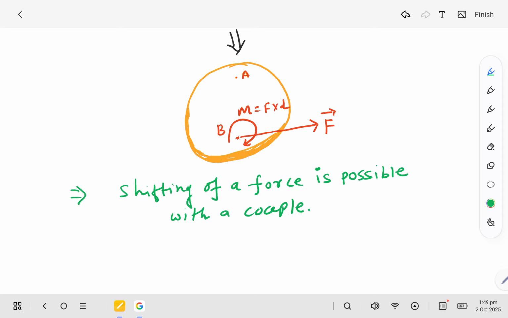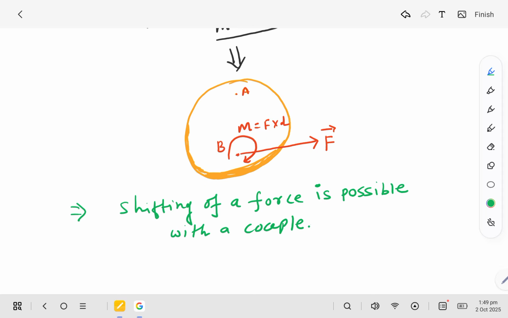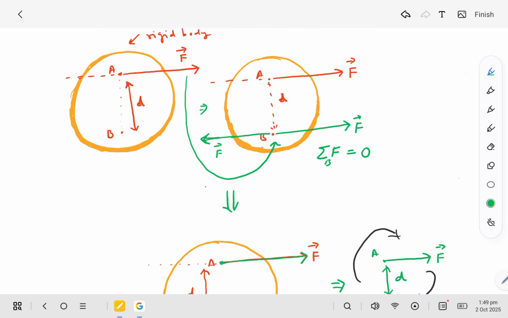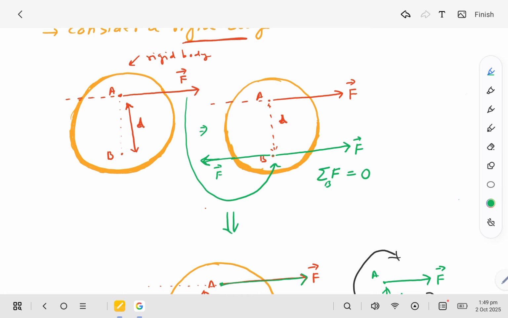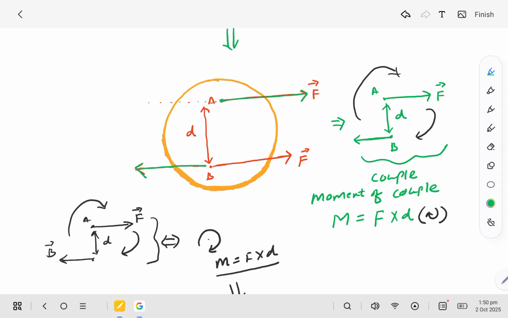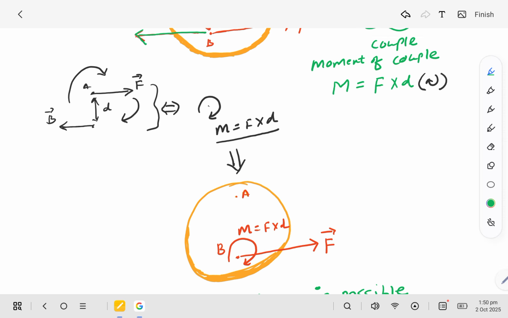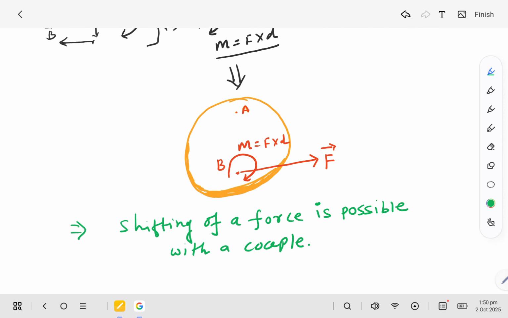It means we can transfer any force acting at a point on a body to a new parallel position on this body by using the moment.